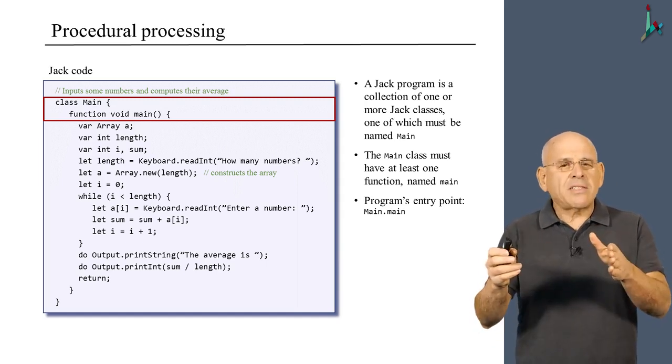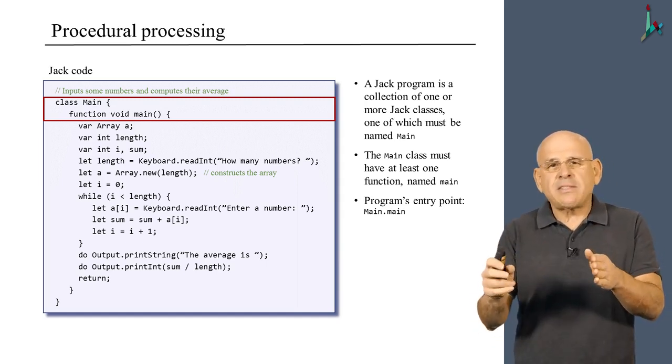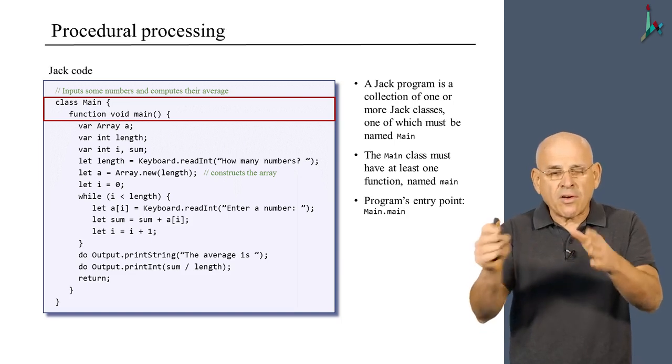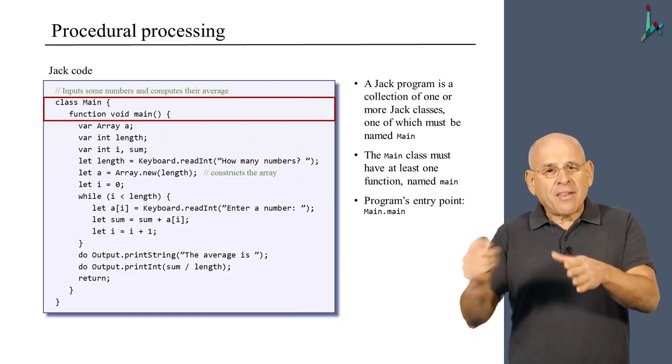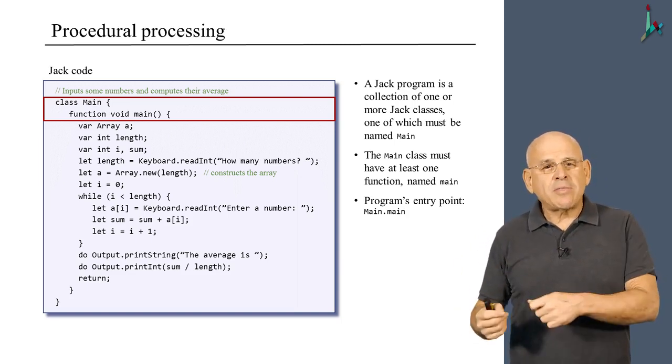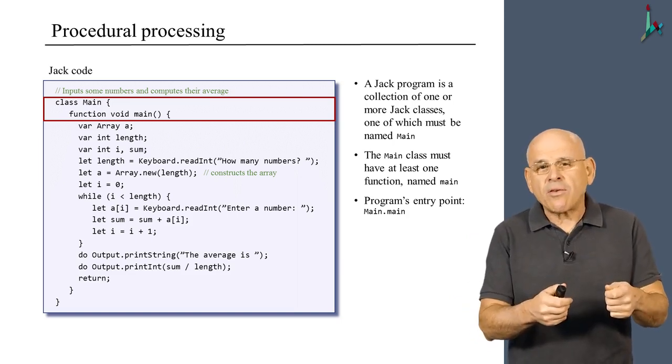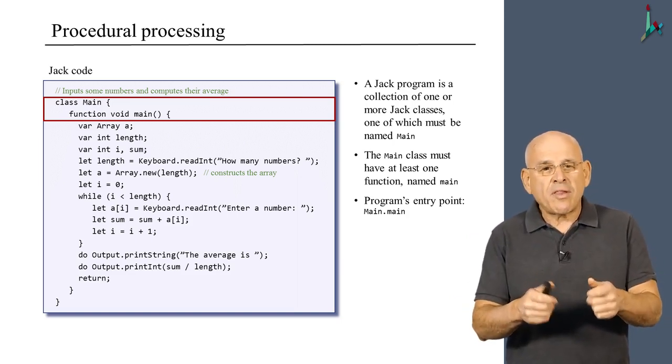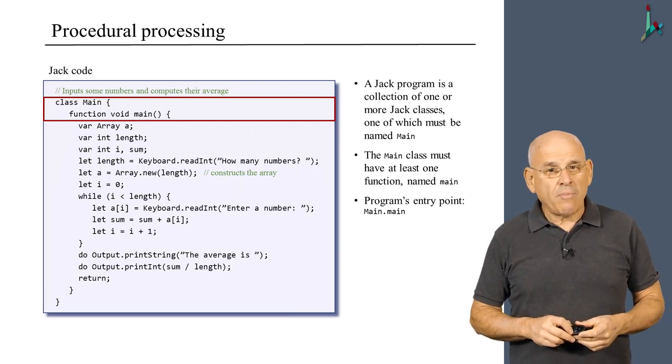So if you had this class residing in some directory or folder on your computer, along with some other classes, if you would tell the runtime system to execute this directory, it will start executing everything from main.main.